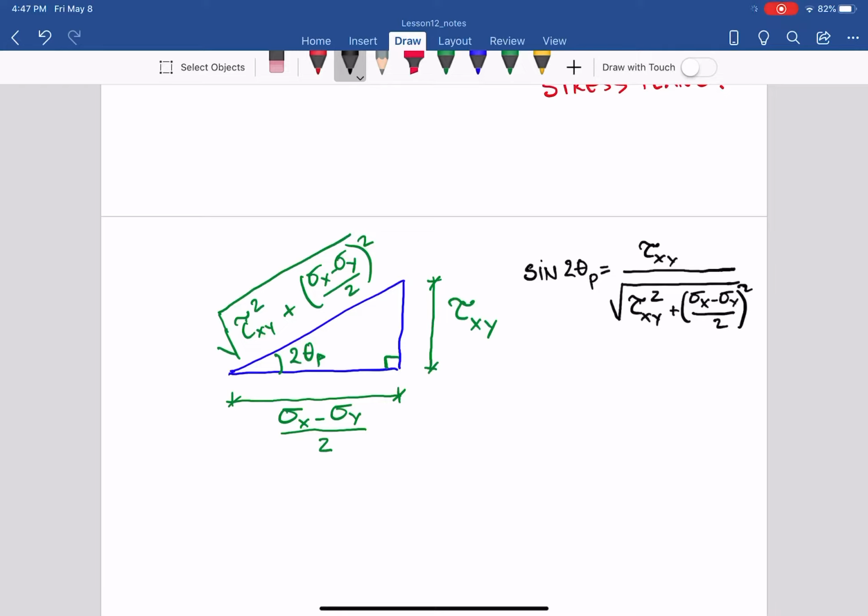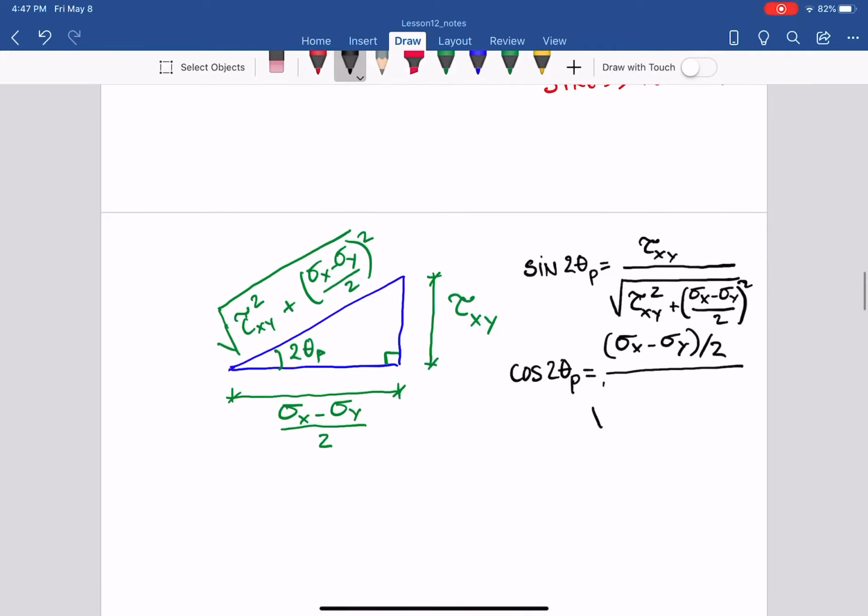And we have cosine 2 theta p, adjacent over hypotenuse, so it will be (sigma x minus sigma y) over 2 divided by the square root of tau xy squared plus (sigma x minus sigma y over 2) squared.